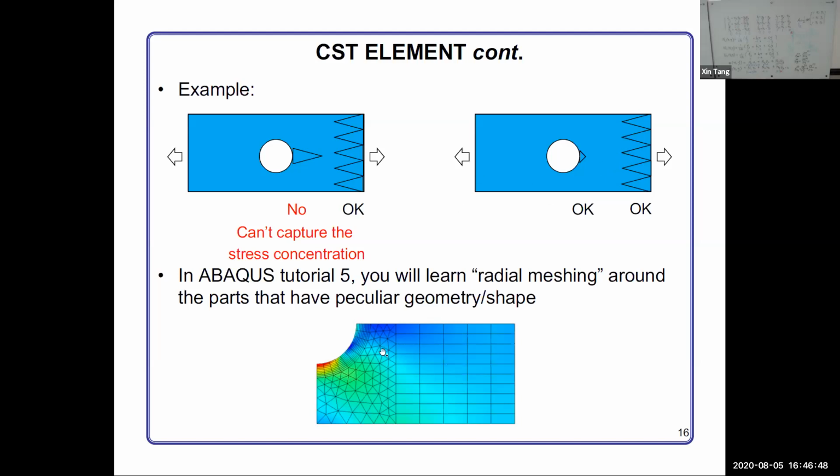So ideally, here is one example, people want the finer mesh closer to the defects, and then gradually increase the mesh size, with the accuracy ensured, to reduce the computational price.